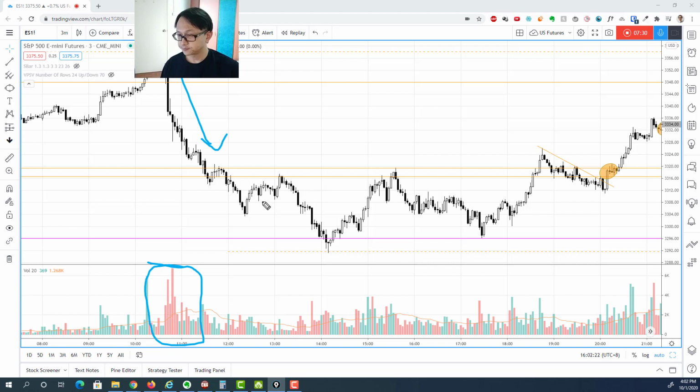Apart from that, once we entered the immediate support level at 32.96 or 95, we can see that the price just bounced up, had another test, and eventually had a nice rally up.